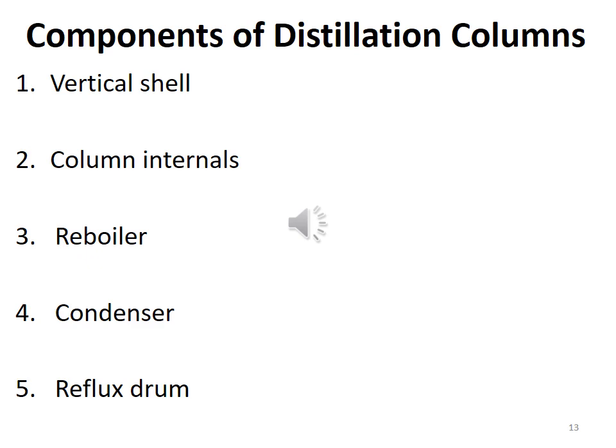So the first component is a vertical shell, which is used to separate different liquid components in this area. So when a mixture of different components is introduced in a vertical shell, the separation will start. The separation of this mixture of components will occur on the basis of their boiling point.